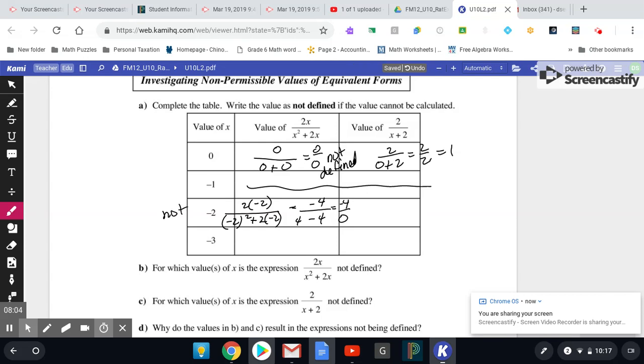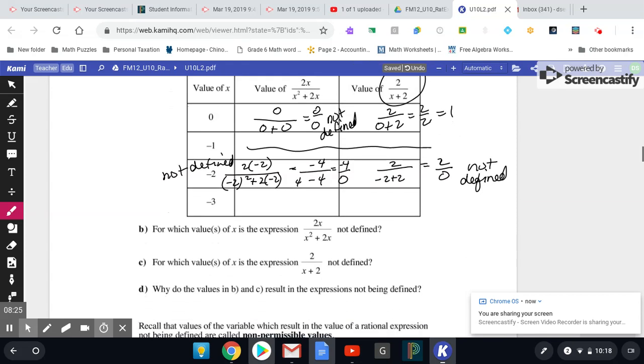So it's not defined here. But what about the other side? What about the right-hand part? Let's plug it in. It is also not defined. So sometimes they will give you not defined in both places, but not always.